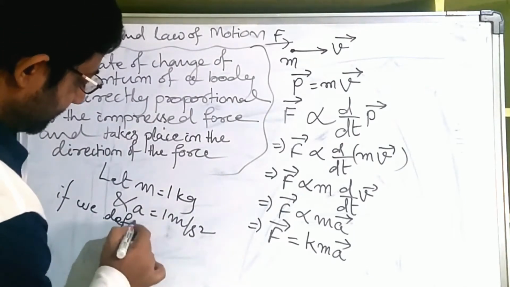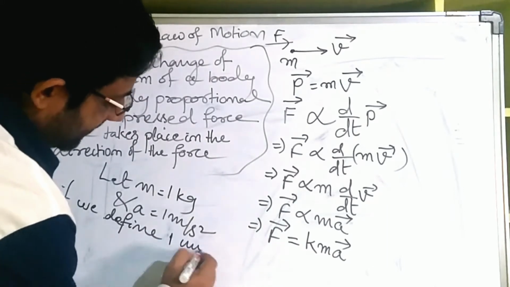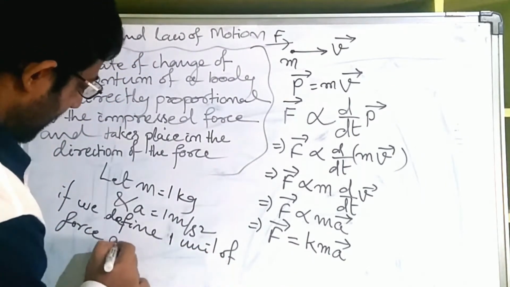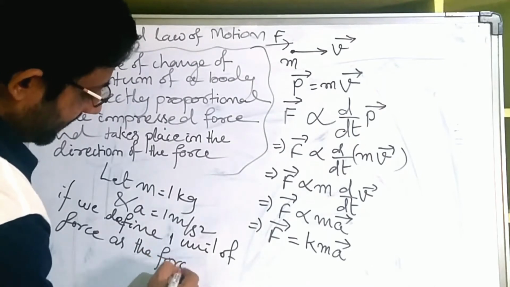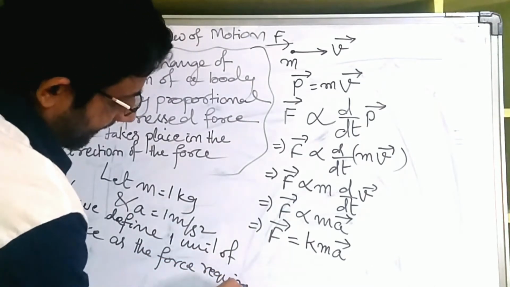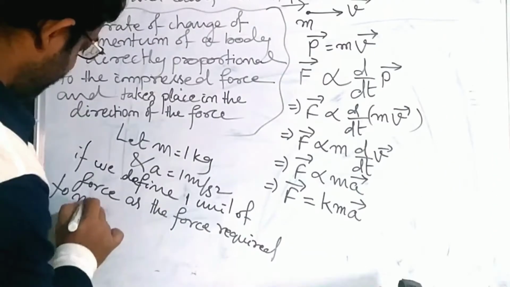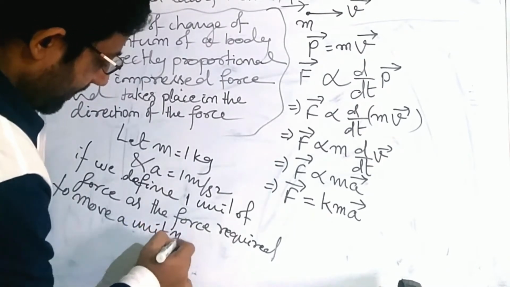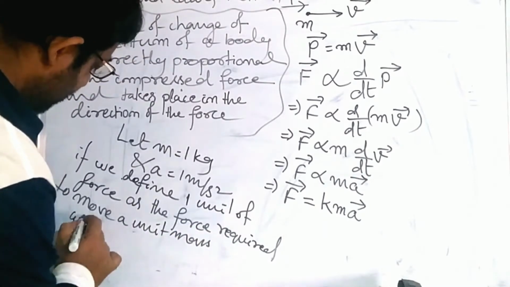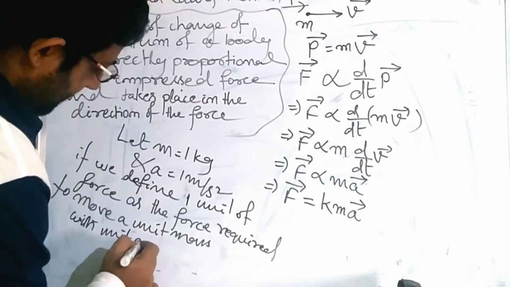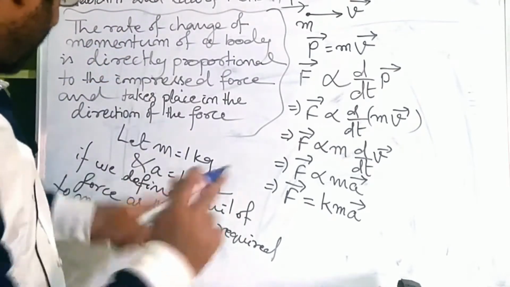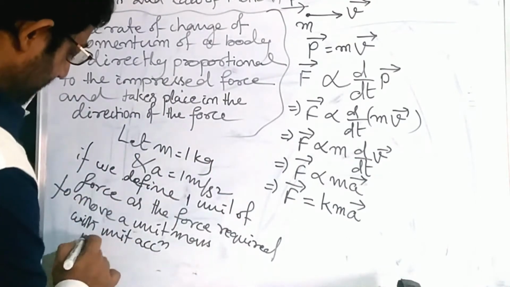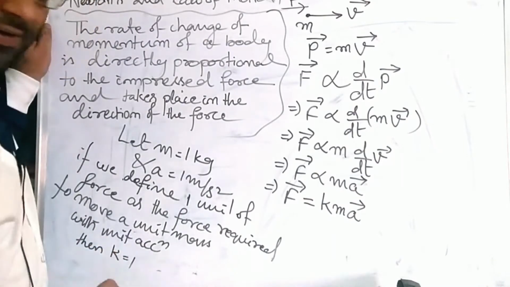If we define 1 unit of force as the force required to move a unit mass with unit acceleration, then k simply is equal to 1, right?